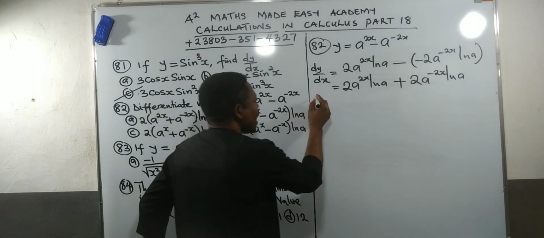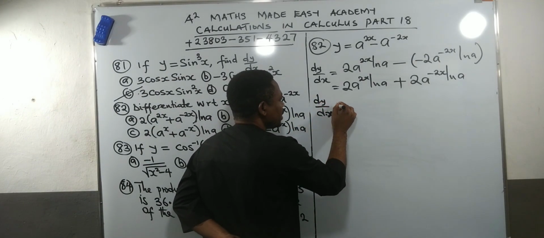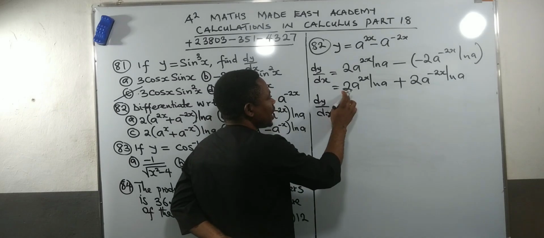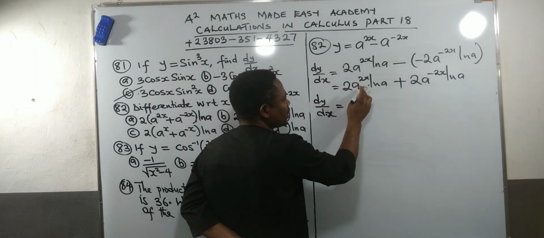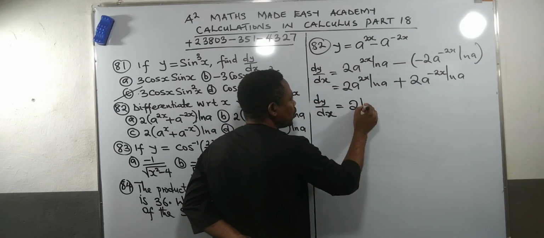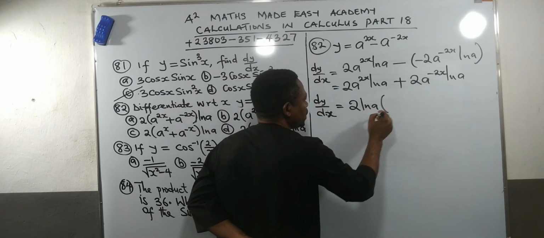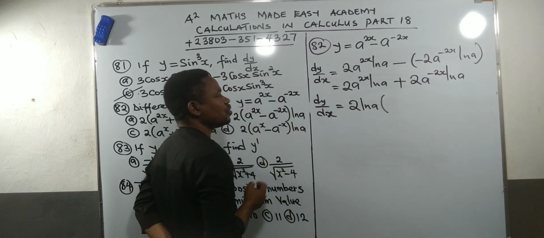So what do I do? I can now say dy over dx is now equal to factorize. There is 2 here. There is also 2 here. Are you with me now? There is ln A here. There is also ln A. So I will now have 2 ln A, open the bracket. There is 2, there is 2. Factor 2 out.